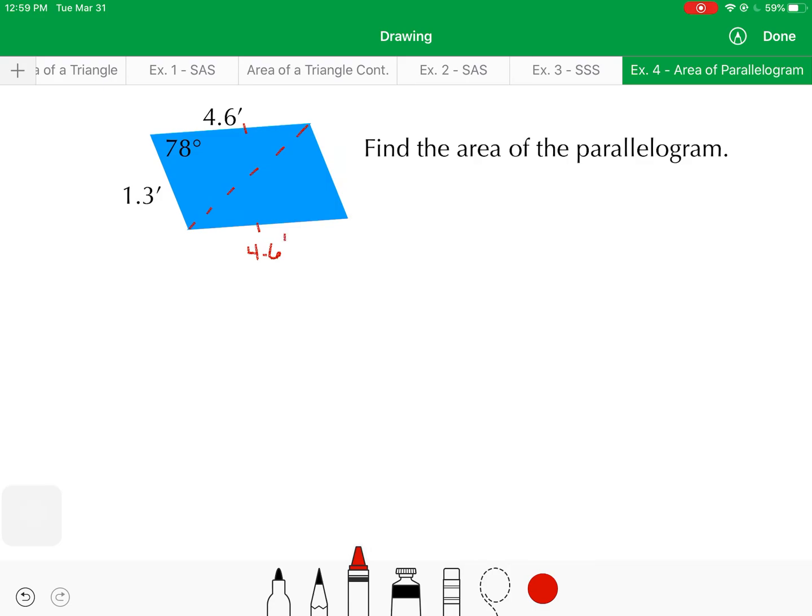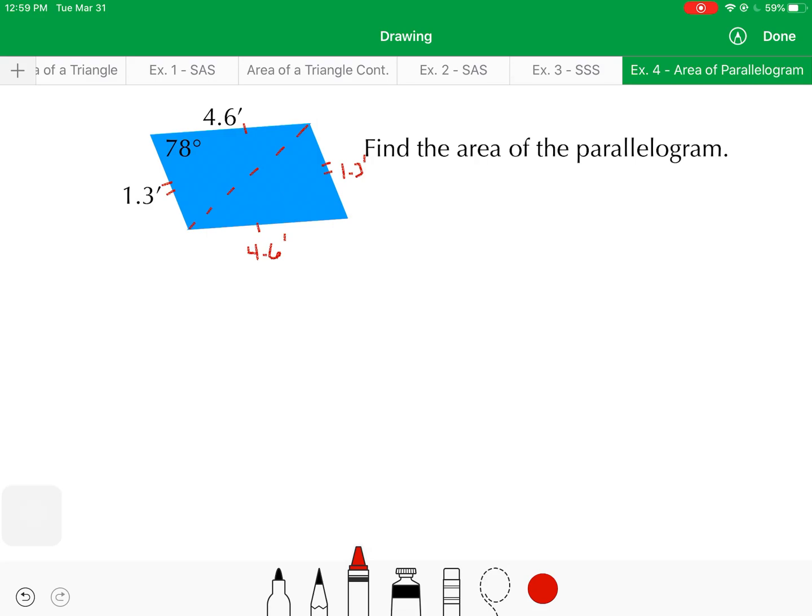So this is 4.6 feet. And then these two side lengths are congruent to where this is 1.3 feet. And that means the two triangles here are both going to have the same area. So if I can come up with the area of one of those triangles, all I have to do is double it to give me the area of the entire parallelogram.